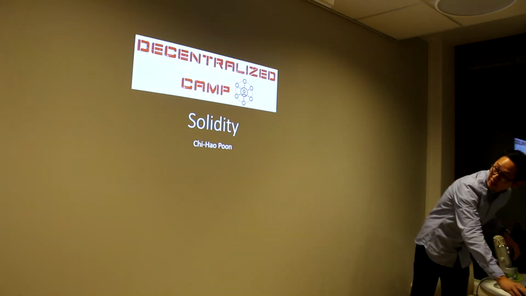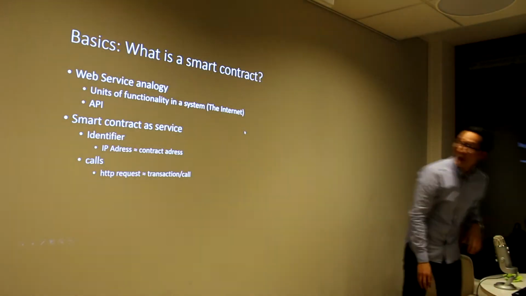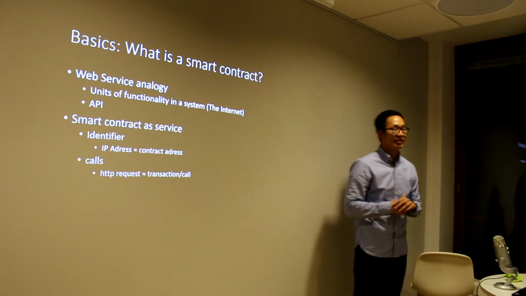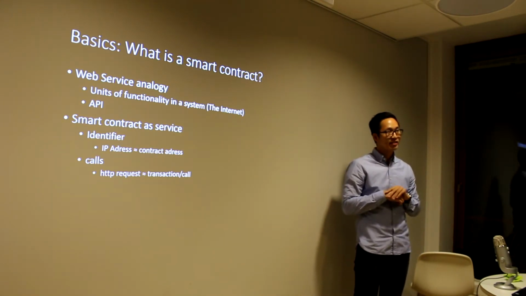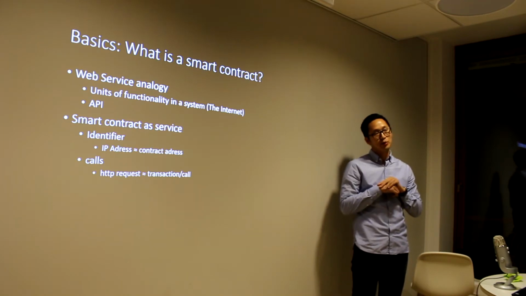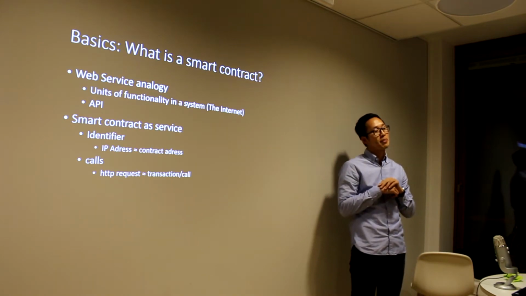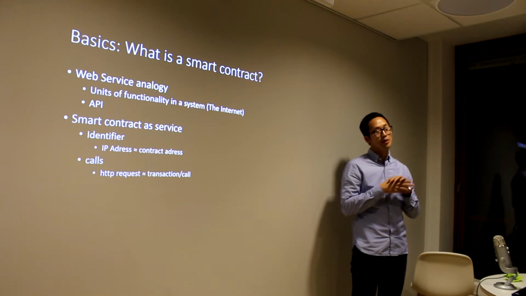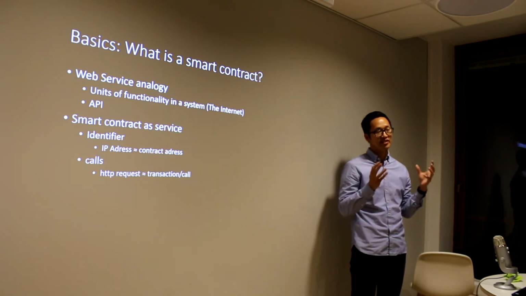Okay, so let's start. So let's begin with what a smart contract is. A smart contract, I used to think of it as a web service. We have a lot of web services on the internet.